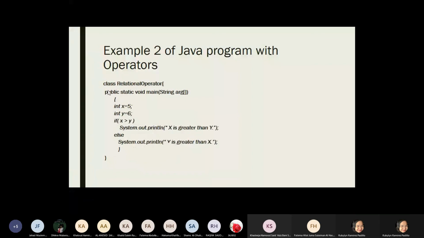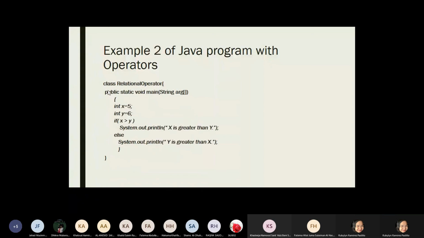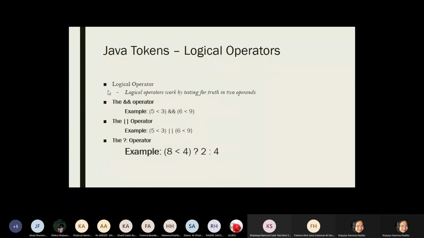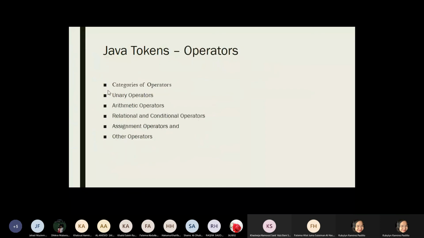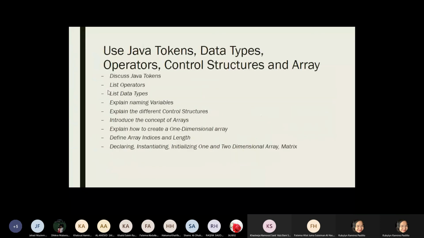You'll have to do something to have your software ready. Otherwise, you cannot cope with our discussions. So we have already finished discussing Java tokens. For chapter 2, there is more to explain. We will have variables and data types also on Thursday.